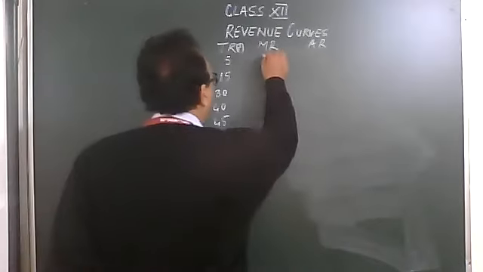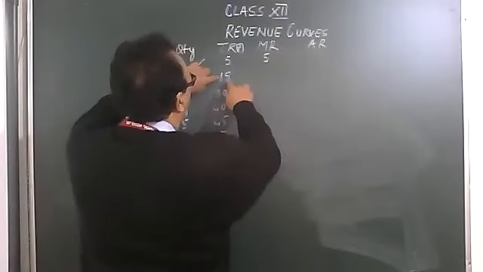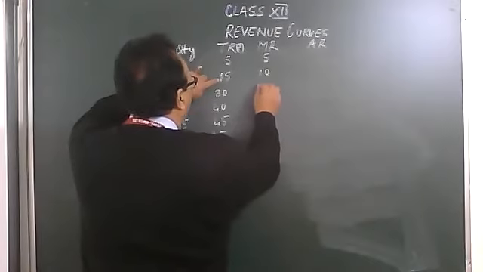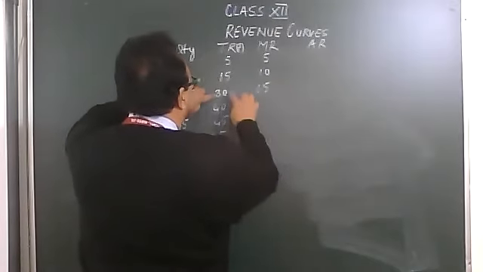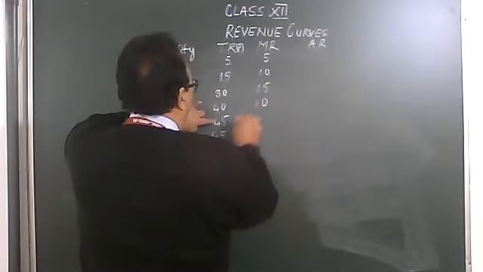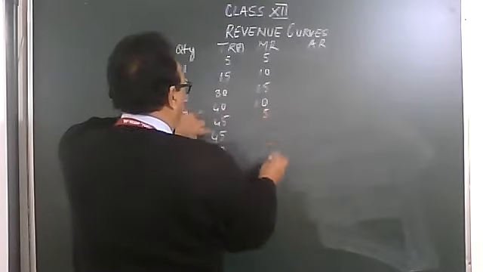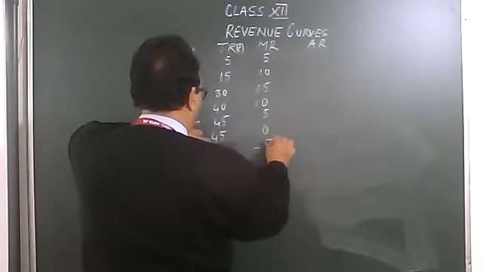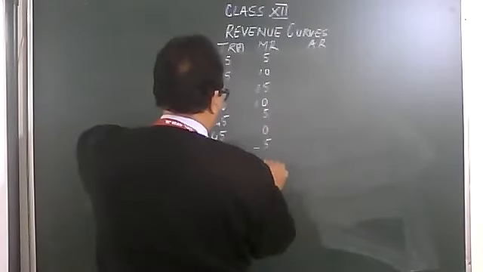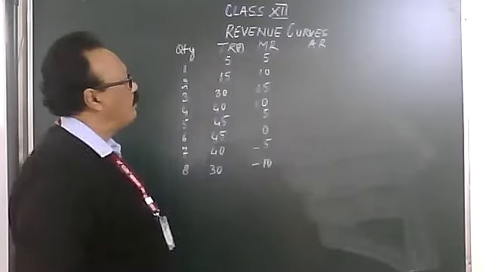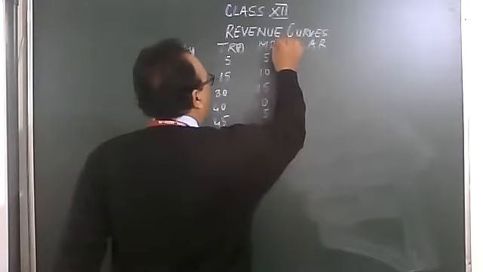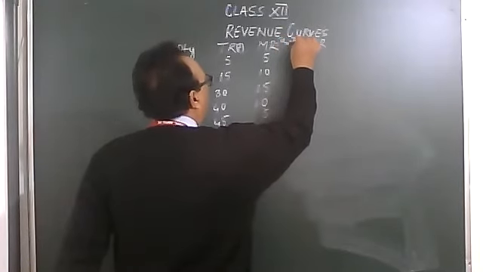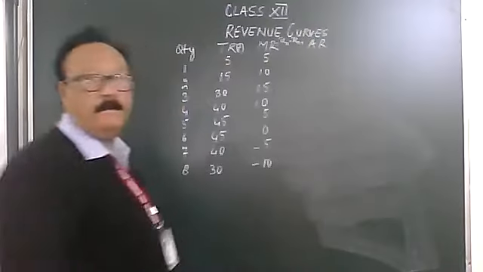So the first one will be 5, 15 minus 5 is 10, 30 minus 15 is 15, 40 minus 30 is 10, 45 minus 40 is 5, 45 minus 45 is 0, and then minus 5, minus 10. What is the formula we use here? TR n minus TR n minus 1.